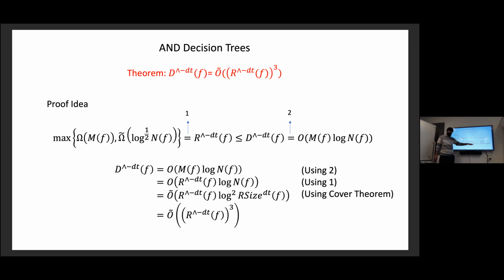And if the size is large, then the AND depth has to be large, because if the AND depth is d, then the size is like n to the d. So again, a log n will come, which I'm hiding. So the size is large and the AND depth has to be large, because if the AND depth is small, then the size is small, because you can open up this space. This essentially uses the fact that you can connect cover numbers and randomness.